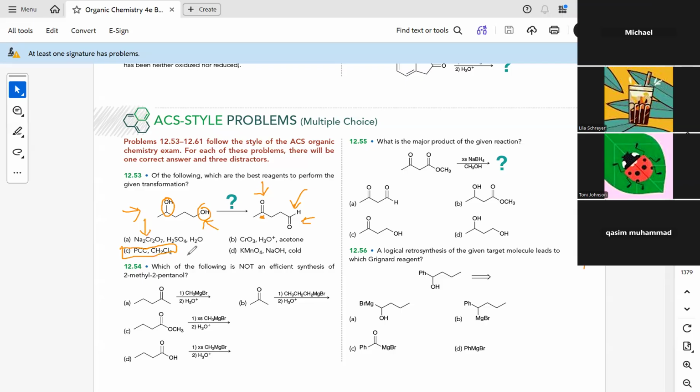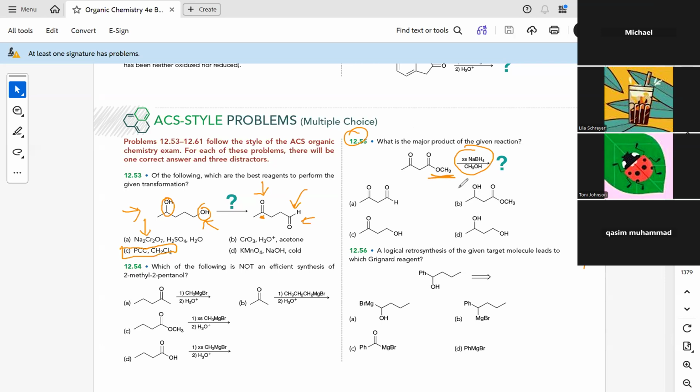All right, let's see. I have 1255 over here in view, so I'm going to move over here. I'm asked here, what's going to be the major product of this given reaction? So I have a reducing agent here, my sodium borohydride, and this will reduce ketones and aldehydes, but not esters.